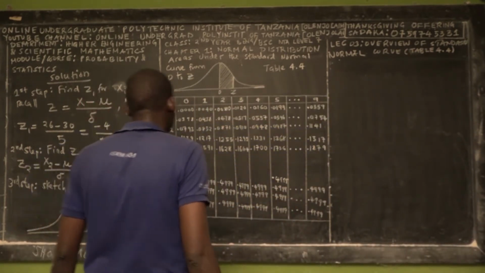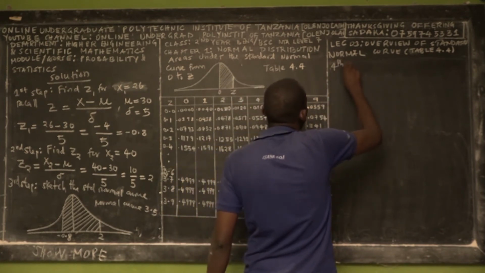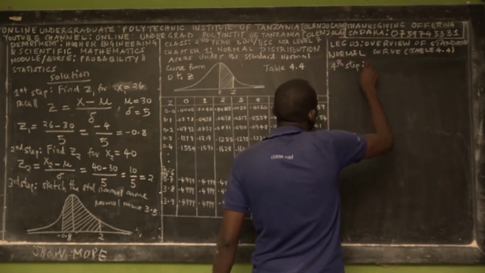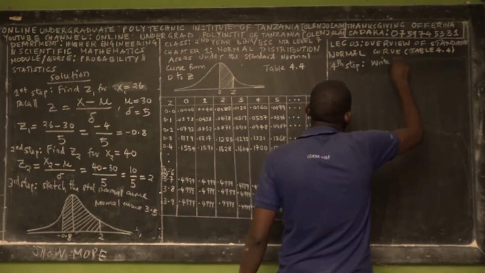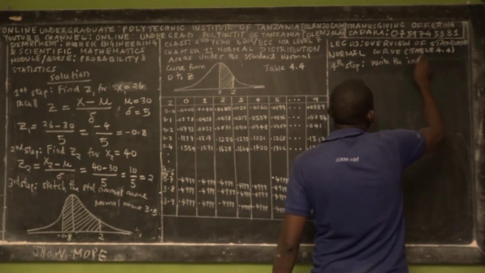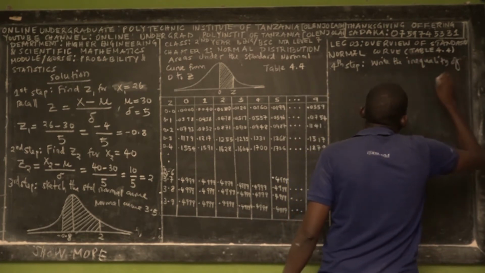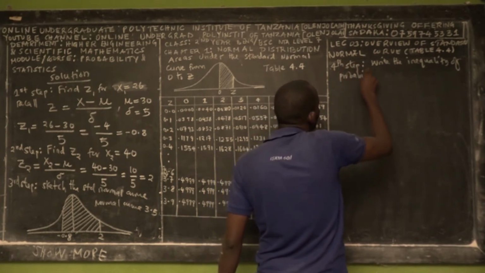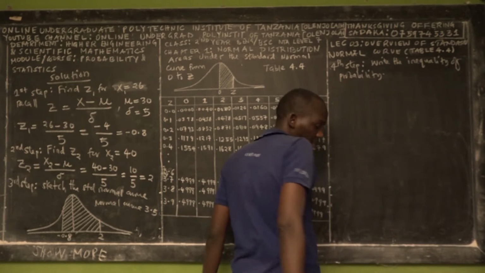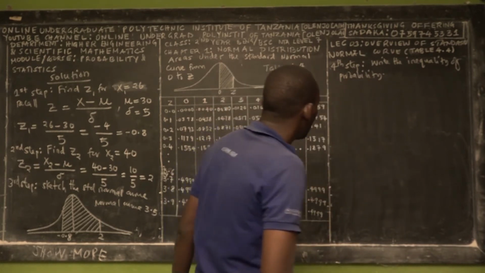If that is the case, we go for the first step. First step: write the inequality of probability.